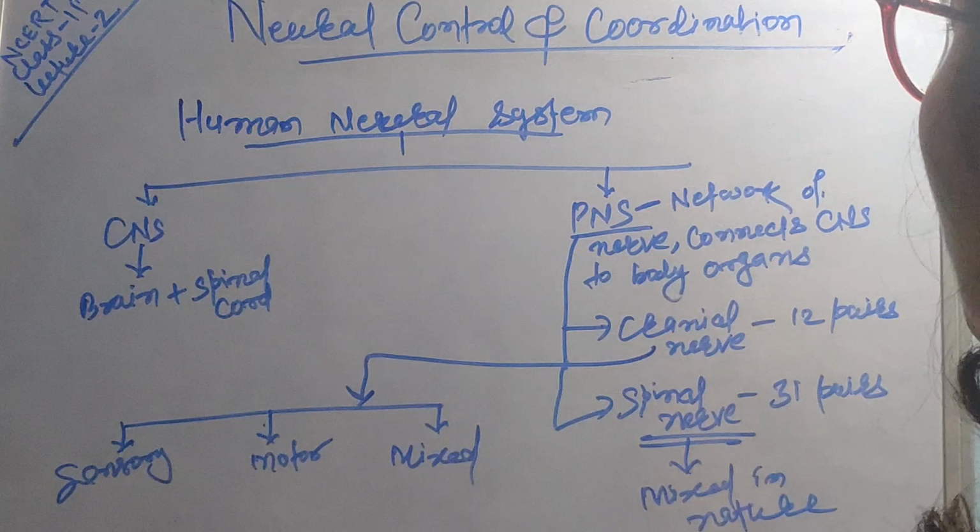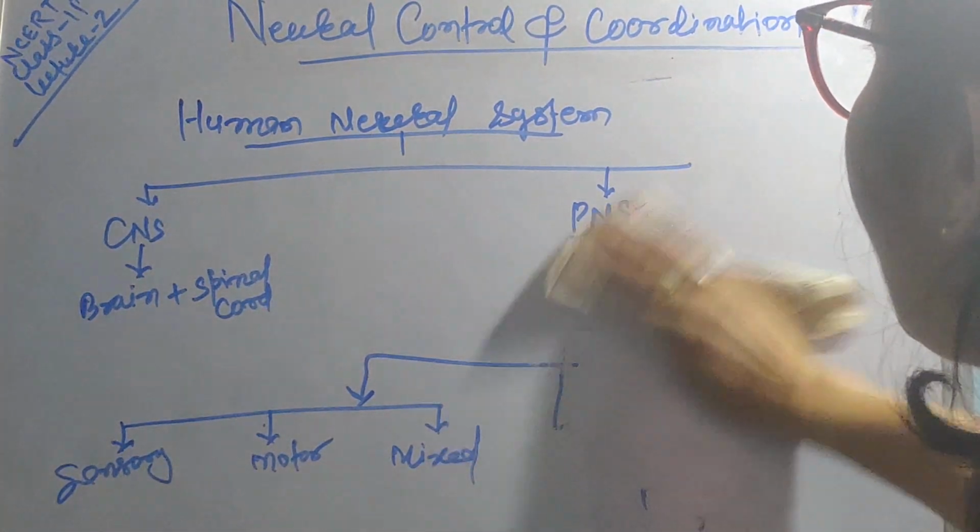Further, PNS is divided into two types, that is autonomic nervous system and somatic nervous system.